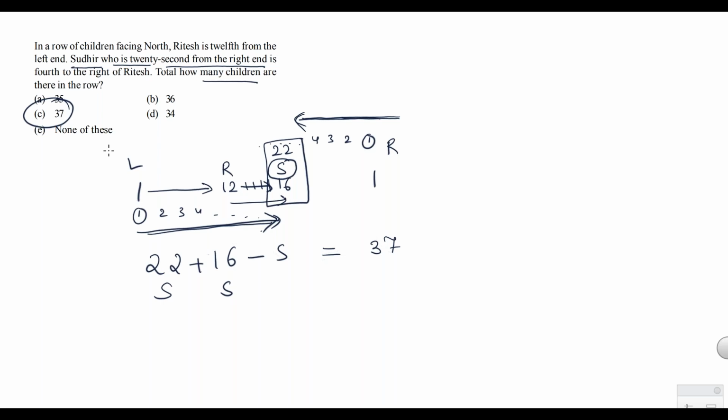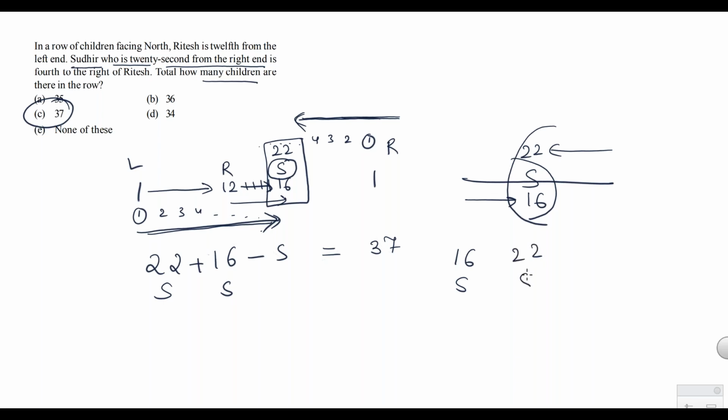See, we got Sudhir's position. The question is how many people are there in the row. In this row, the position of Sudhir from the left hand is 16 and from the right hand is 22. If I consider from the left hand up to here, 16 means up to Sudhir. Now if I count from the right hand up to Sudhir, 22 people are there.